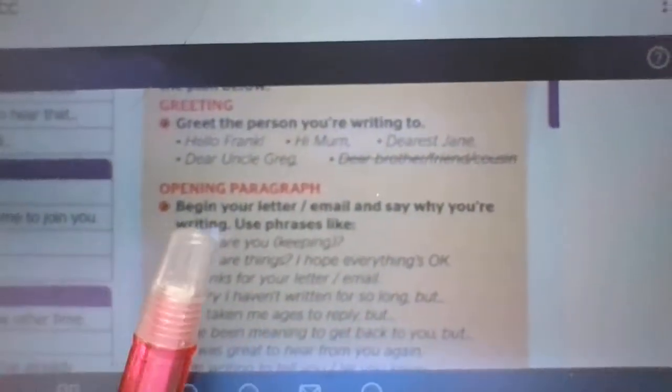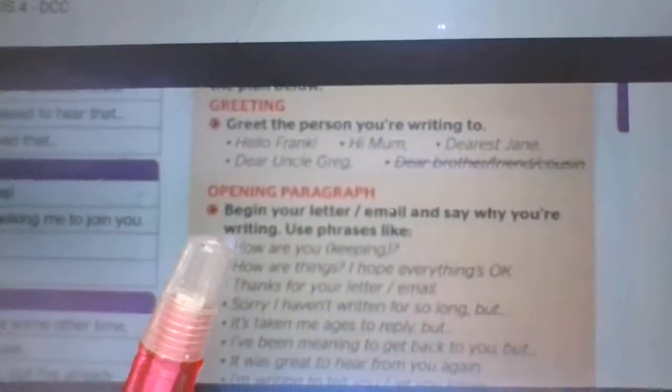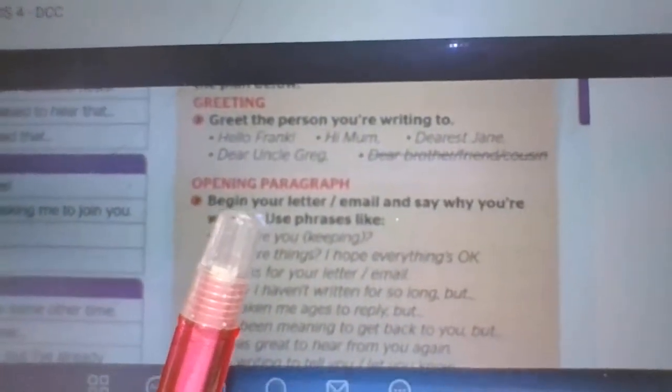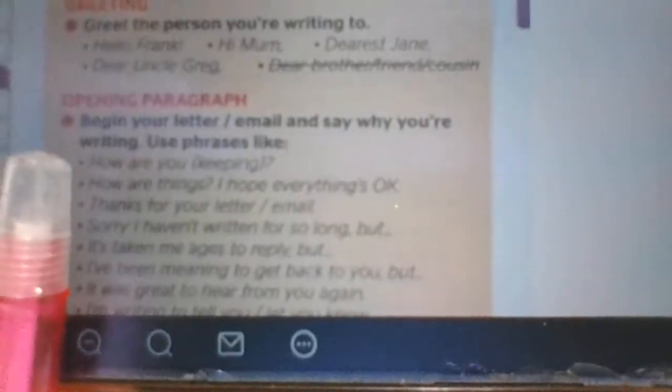Here, you have the example here. And then the opening paragraph. Again, what is paragraph? Paragraph is perenggan, right? Opening paragraph. So begin. Mulakan surat anda or email.